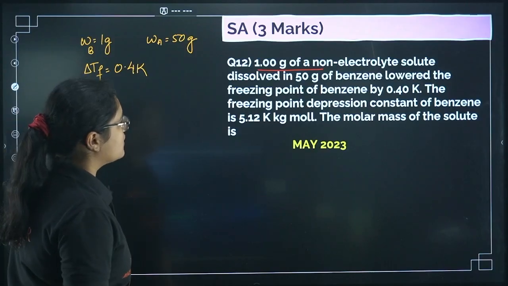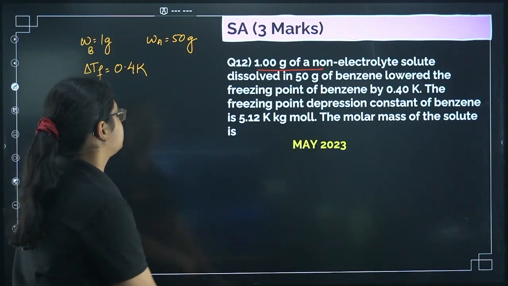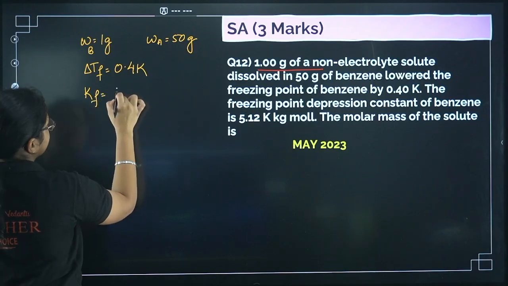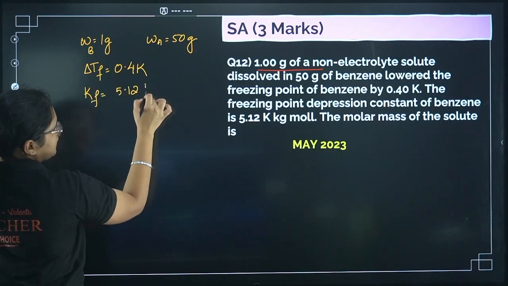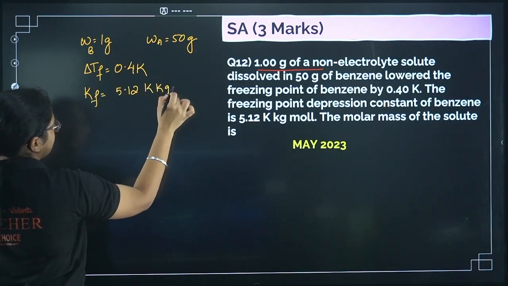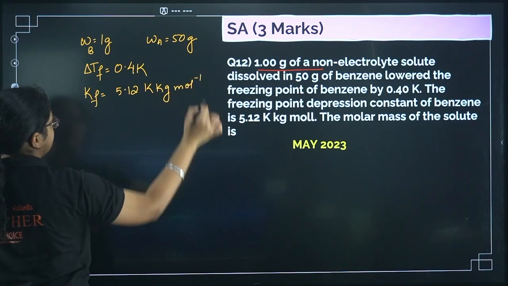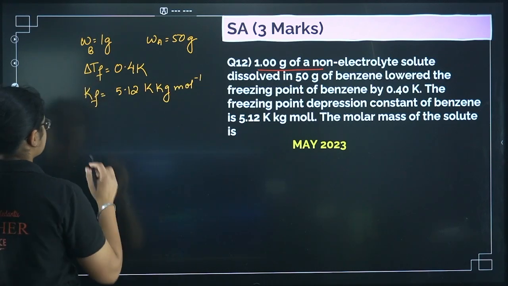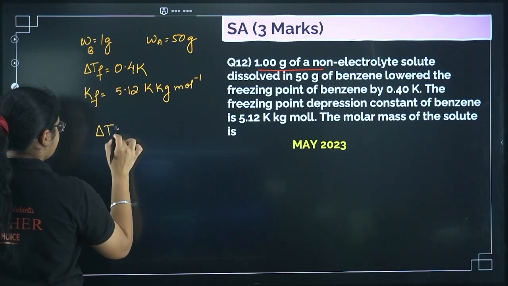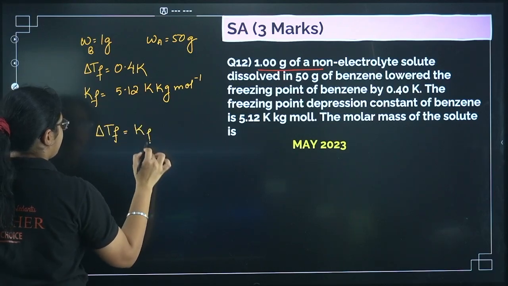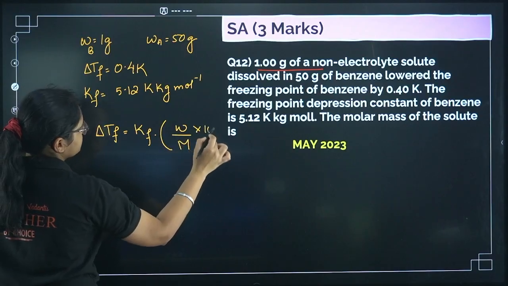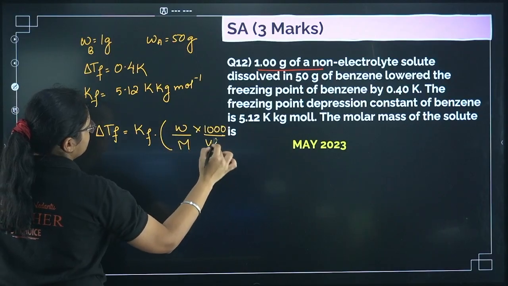Next we have the freezing point constant. Kf value is 5.12 Kelvin kilogram mole inverse. We have to calculate the molar mass of the solute. So I have ΔTf is equal to Kf into given mass by molar mass into 1000 by WA.